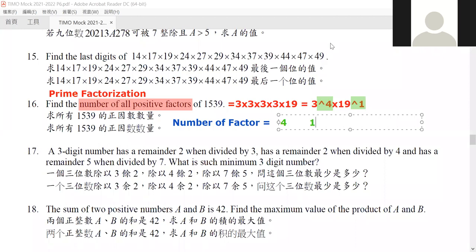So it will be 4 plus 1 multiplied by 1 plus 1. The reason is you just count the number of factors in each term. So it will be equal to 5 times 2, which is equal to 10.